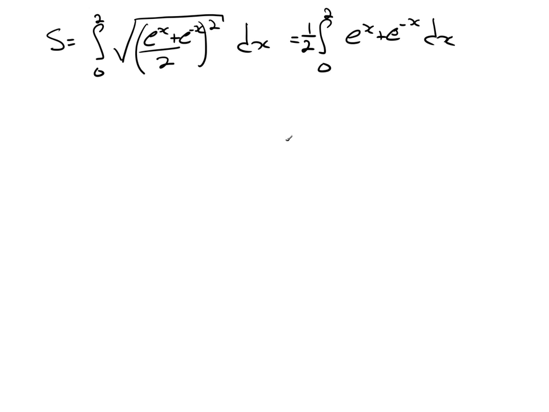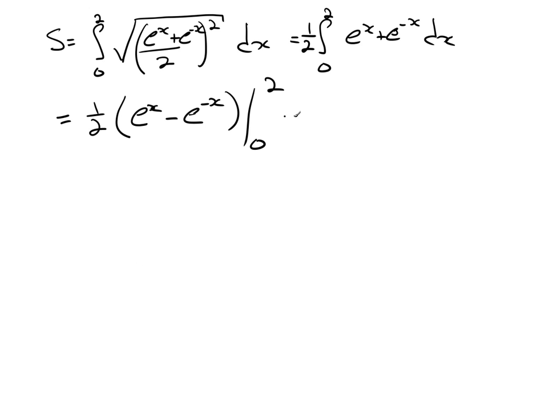This is now pretty straightforward to integrate. This is going to be 1/2 times the antiderivative of e to the x, which is just e to the x. The antiderivative of e to the negative x is negative e to the negative x. See, if I take the derivative, I get the double negative, which is a positive, which I started out with. And this will be from 0 to 2.